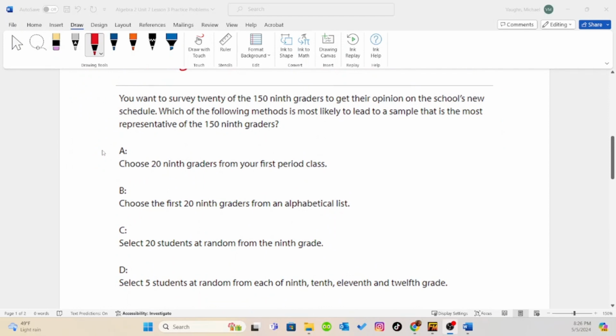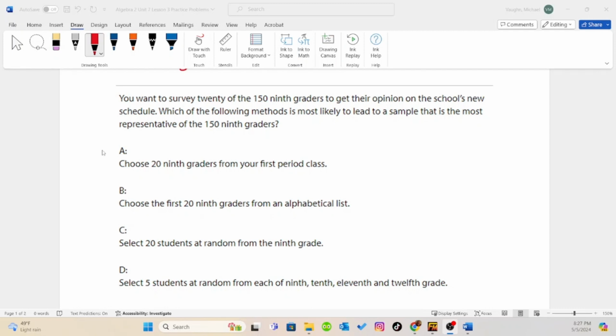Next question. You want to survey 20 of the 150 ninth graders to get their opinion on the school's new schedule. Which of the following methods is most likely to lead to a sample that is the most representative of the 150 ninth graders?